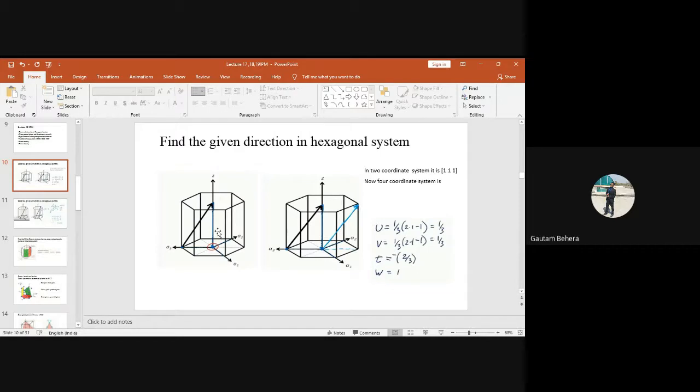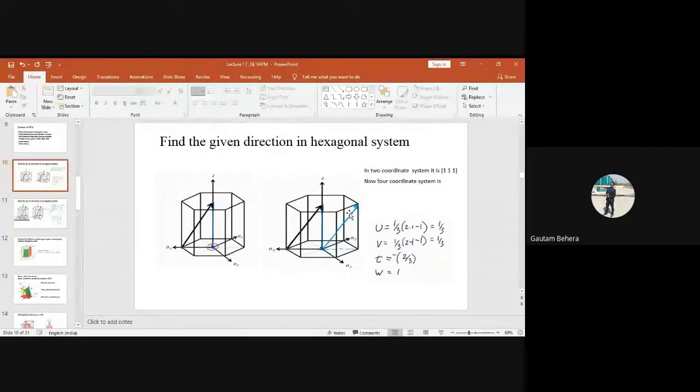Okay, so how to do that? You just translate this one to the origin. Just have a look, this given direction is translated to the origin. Both are parallel, so they have the same Miller-Bravais indices.